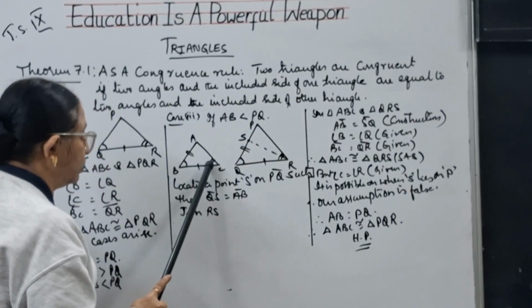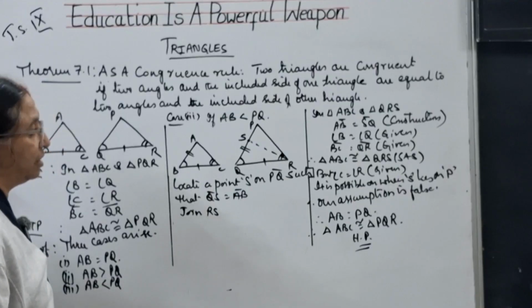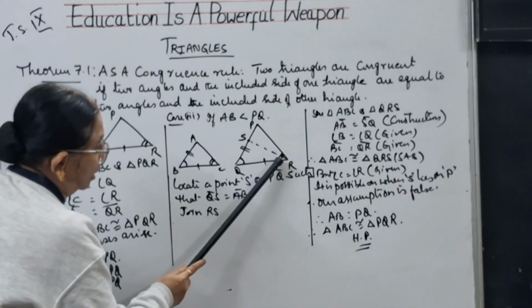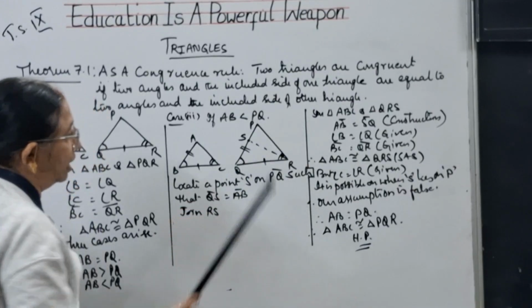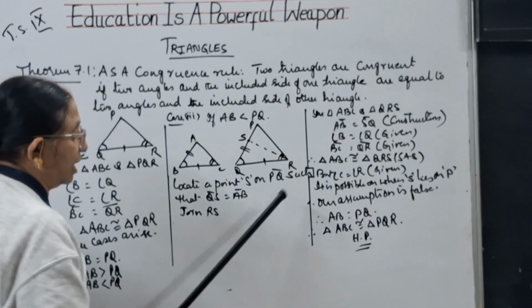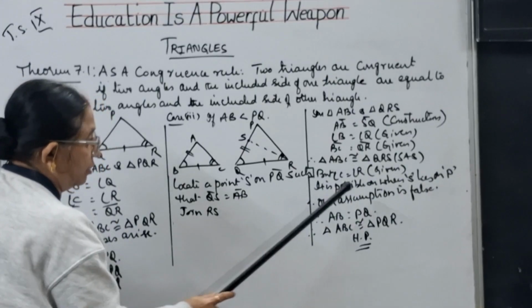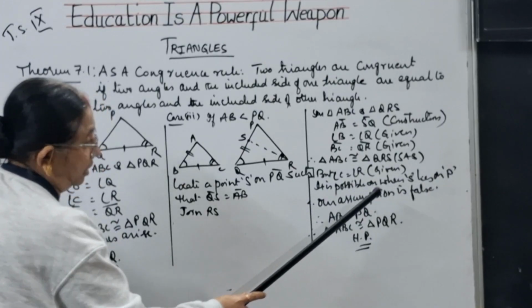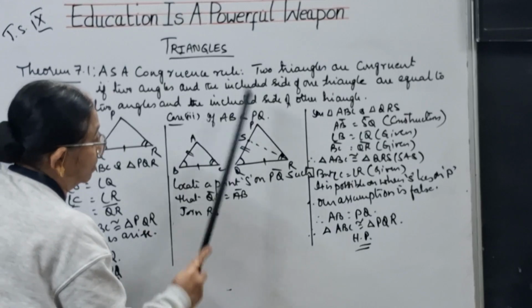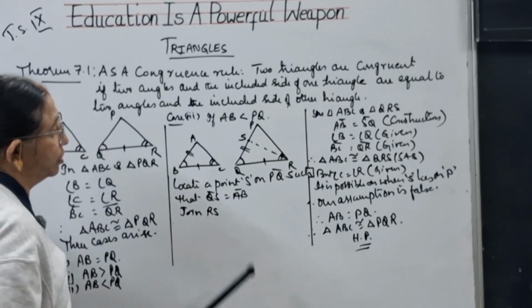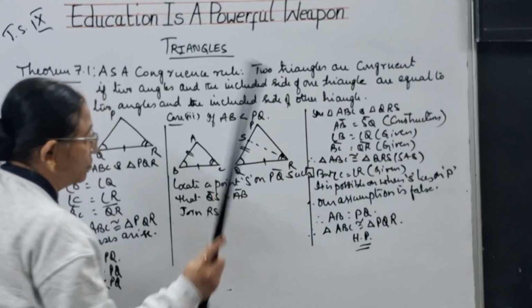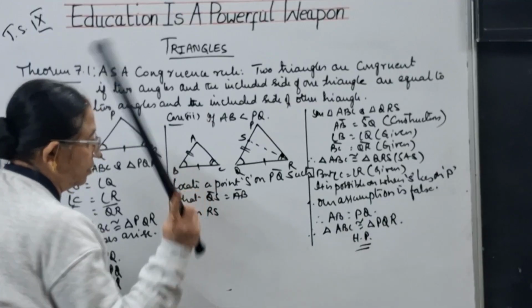But we know that angle C is equal to angle R, it is given. See children, here angle R is going beyond triangle QRS. But angle C is equal to angle R is possible only when S lies on P. Otherwise it is not possible. Therefore, our assumption is false. Therefore, AB is equal to PQ.